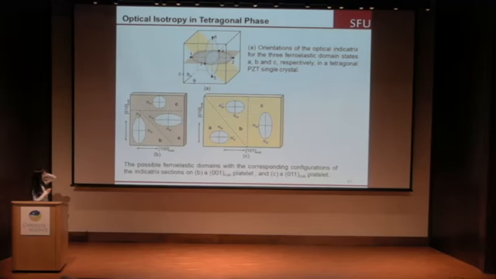So in a 001 cut platelet like this one, we will have configurations of the indicatrix sections like this. And the possible ferroelastic domains with the corresponding configurations of the indicatrix sections in a 011 cut platelet are like that, in the top image.